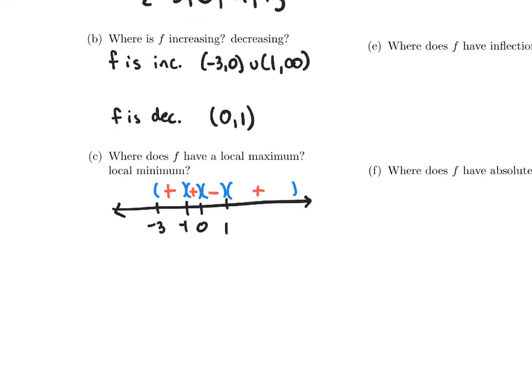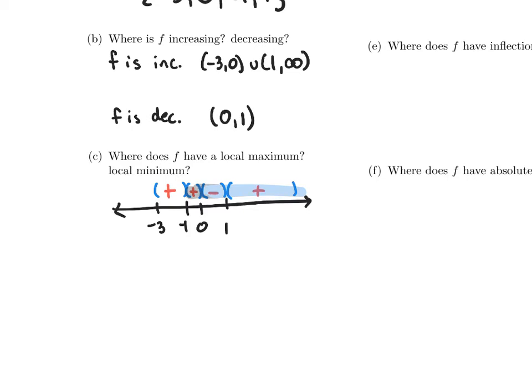Extrema are going to happen anywhere the derivative undergoes a sign change. And it also has to be at a critical number, so it has to be something that's within the domain of the function. Our domain was from -3 to infinity. So right here, I have a sign change, positive to negative, and then right here, I also have a sign change, negative to positive.